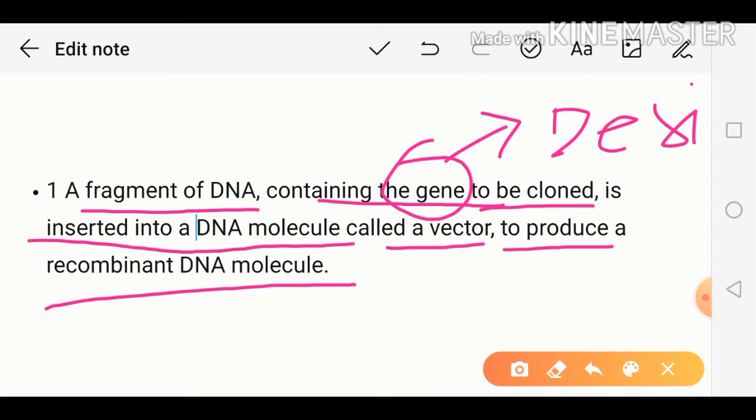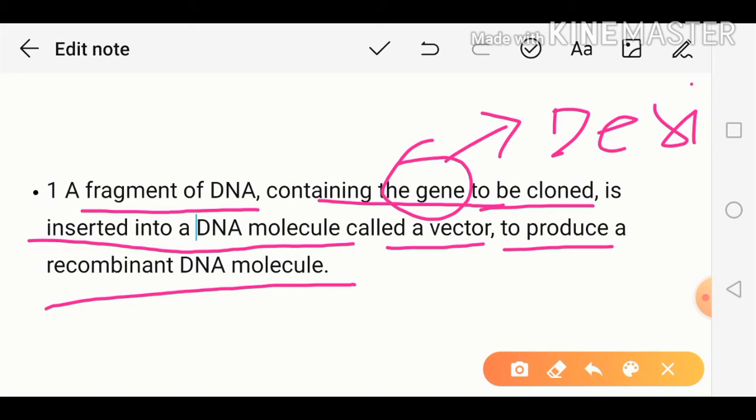A number of vectors are used in gene cloning experiments. The most common is the plasmid. We know that a plasmid is the extra chromosomal DNA which is found in a bacterial cell, and the plasmid is used as a vector.